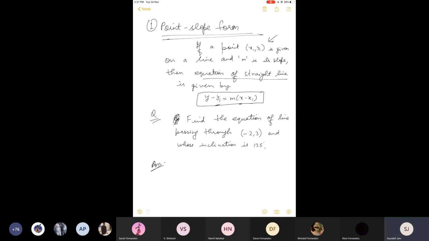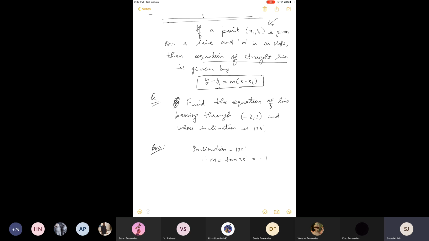What is the slope of this line? -1. Yes, correct. So inclination is 135 degree and slope is tangent of the inclination, right? So m is tan 135 degree. By trigonometry, this value will come out to -1. Tan 180 minus 45.